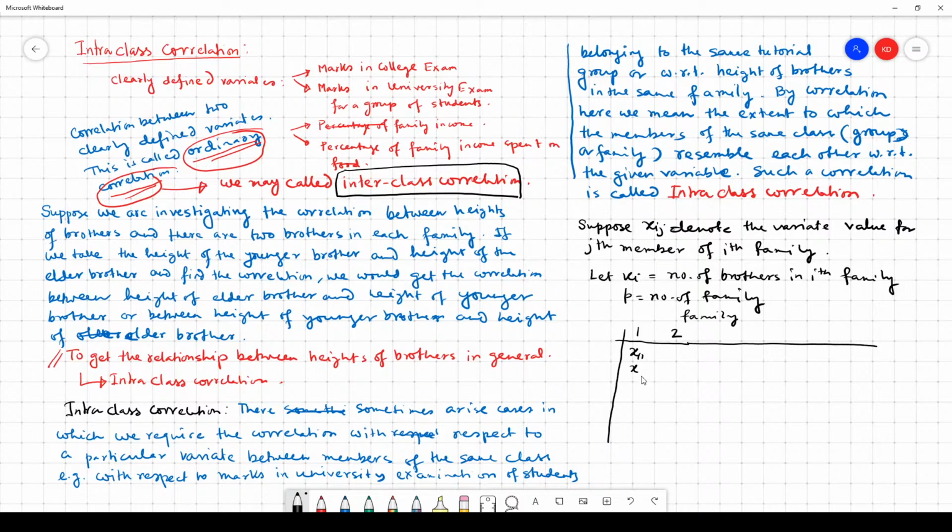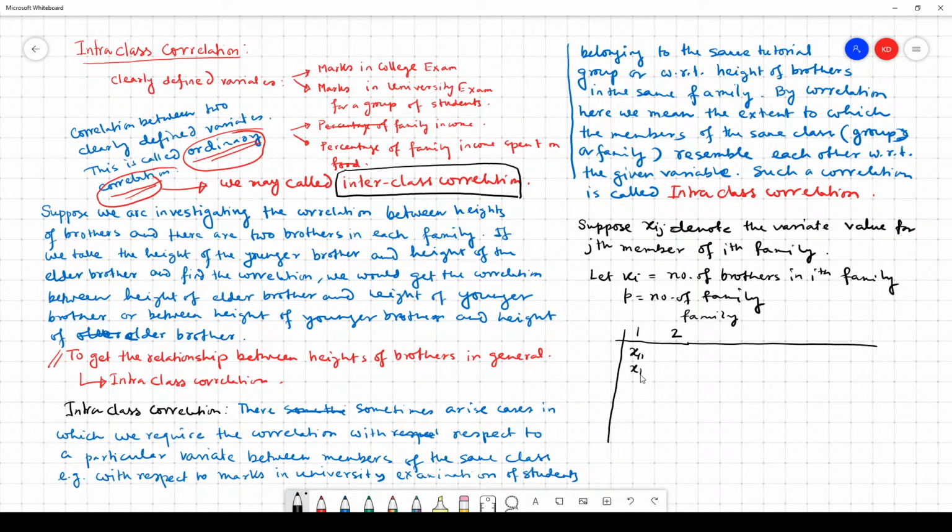Suppose I consider height as the variate. In that case, x11 is the height of brother 1, and the first index stands for family. So x11 is brother 1 belonging to family 1.